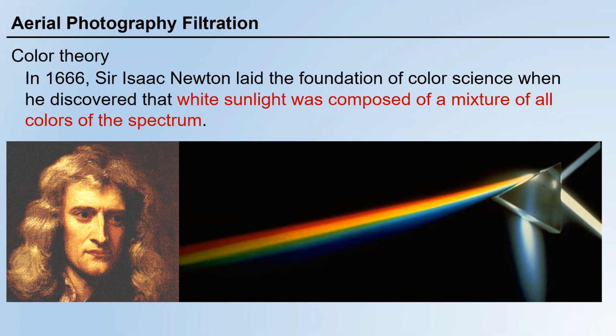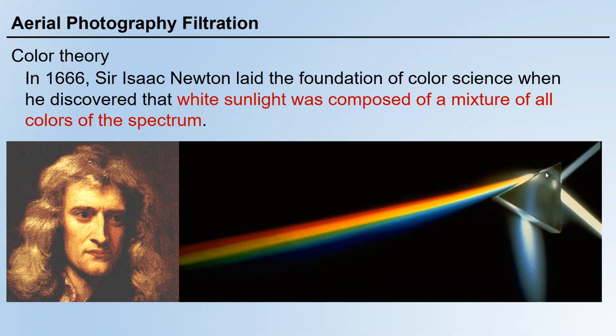Okay, so color theory is based on the foundation of something found by Isaac Newton in 1666. He laid the foundation of color science when he discovered that white sunlight was actually composed of a mixture of all colors of the spectrum.